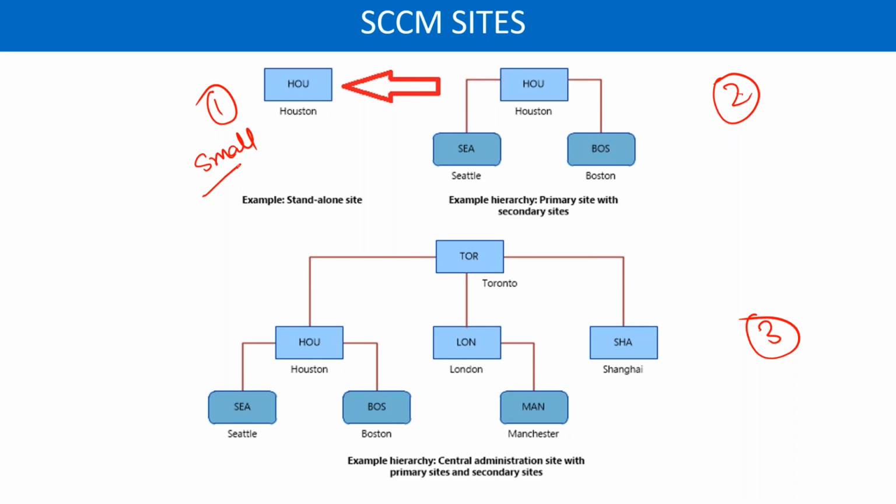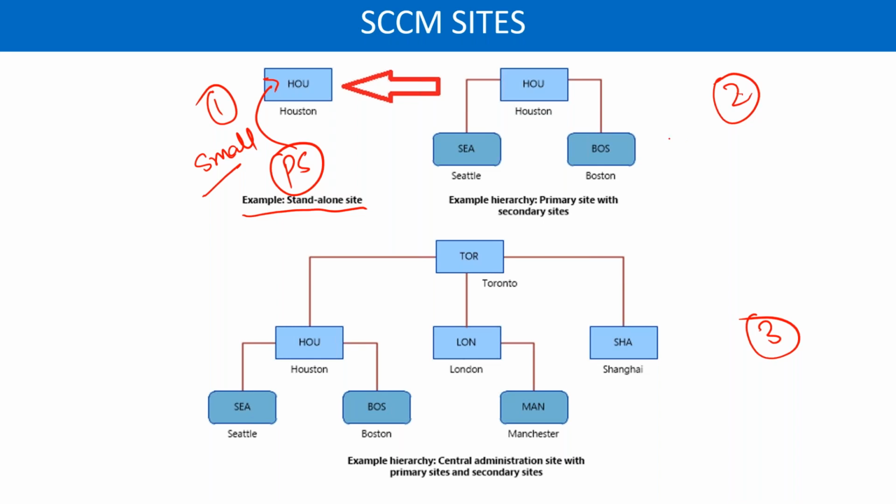Suppose you started a business and put your headquarter in Houston, and Houston has like 50,000 devices. You put a primary site, a standalone primary site, to manage all the devices in Houston. That's a small-size company.